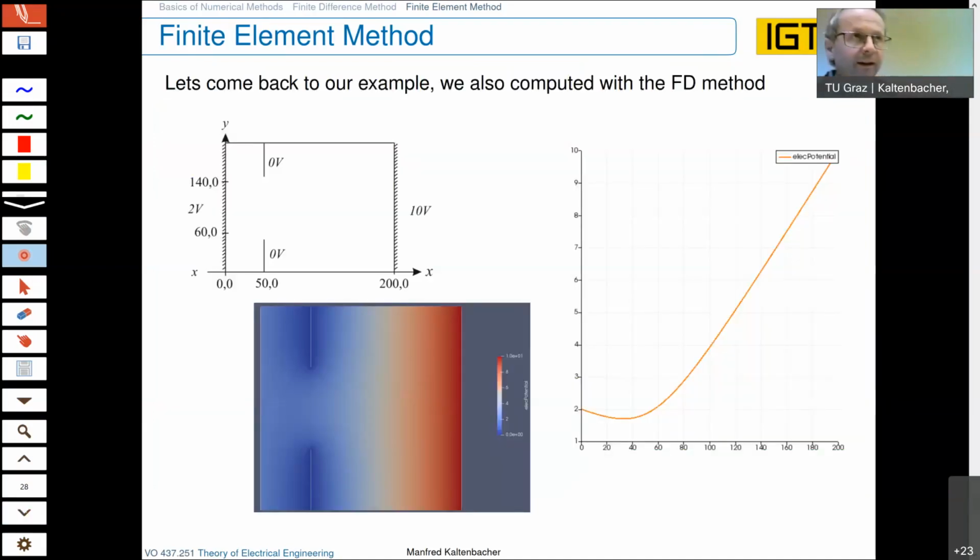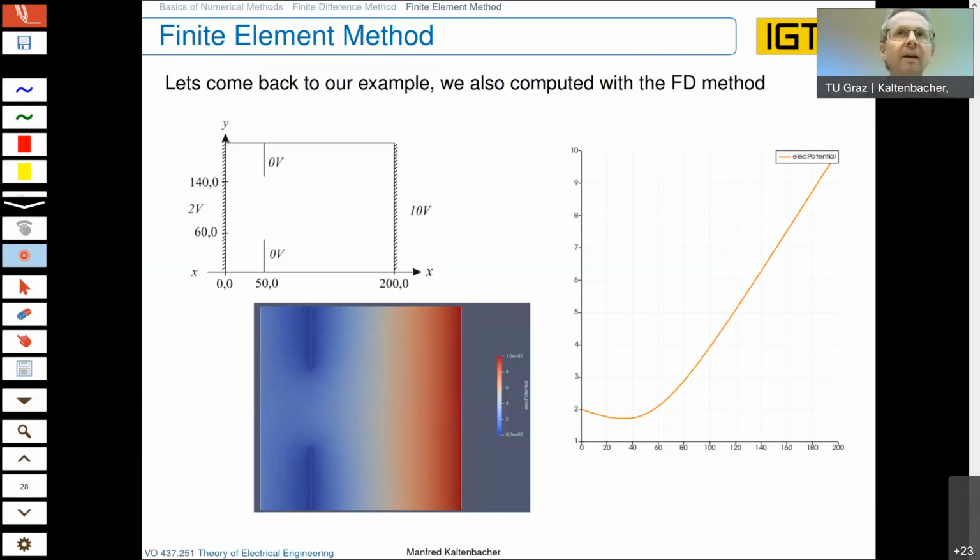Okay, now if we go back to our example, then you get a very nice result. It's more or less the same result. So if you use this linear or bilinear basis function and this finite difference of second order, as we have discussed, and you use the same computational mesh, you should exactly get the same numerical result.